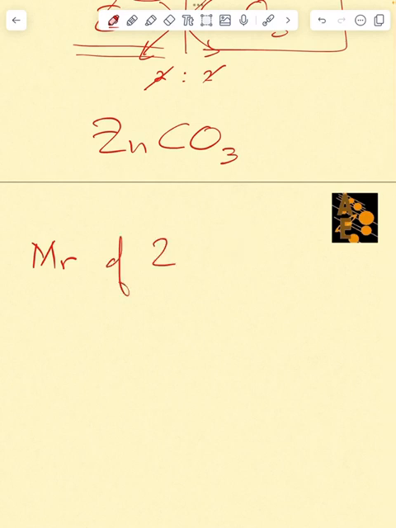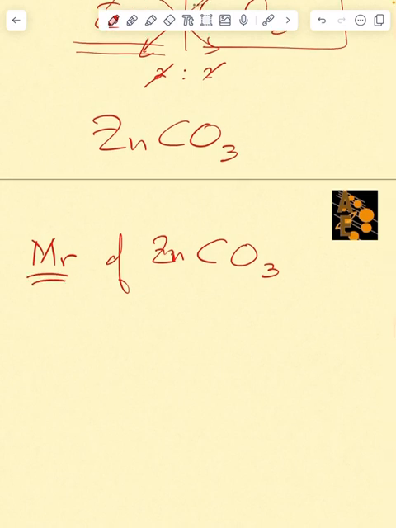So we just calculate the Mr. Mr means your zinc is 65, plus your carbon 12, plus your oxygen, 16 times 3. Use the Ar, please. So total up you get 125.